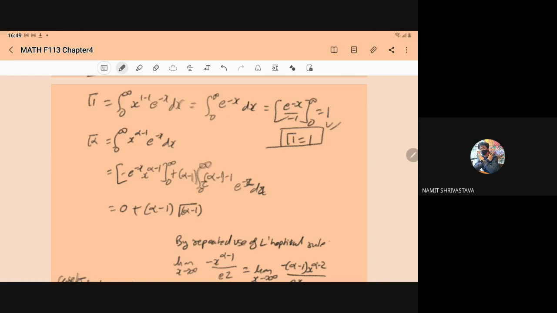So the first term under both limits is 0, because when we put x equal to 0 it gives 0, and at x equal to infinity also it is 0.